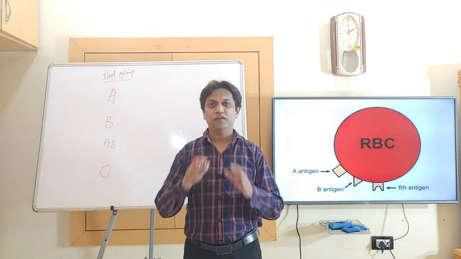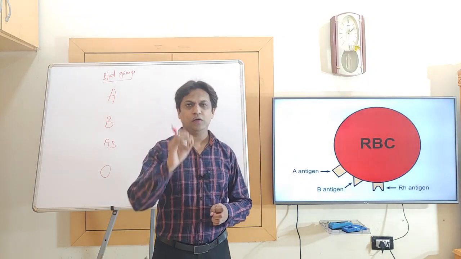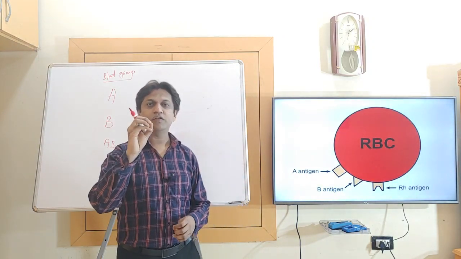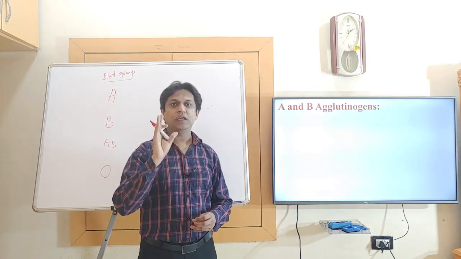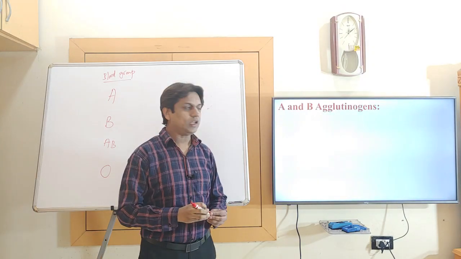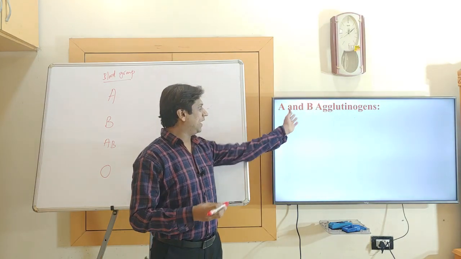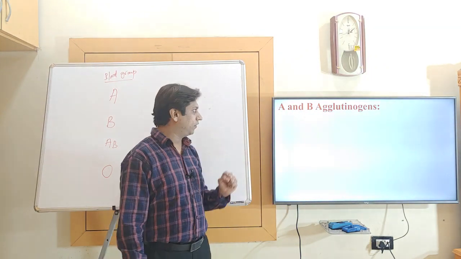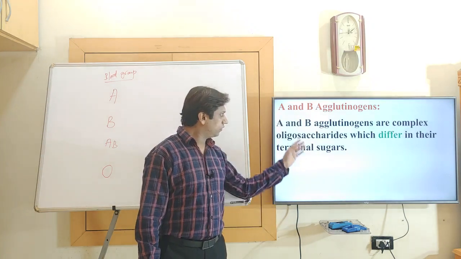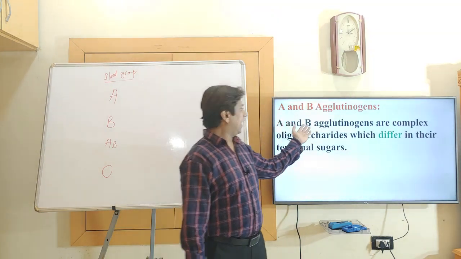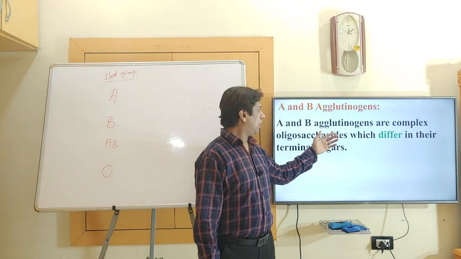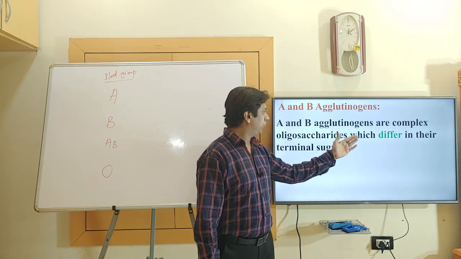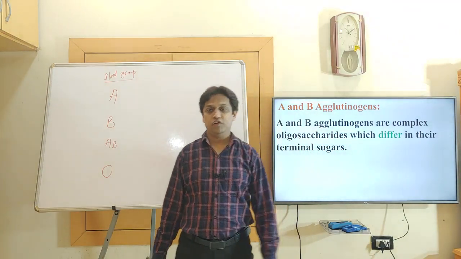To understand this concept, first we will learn some basics about antigens A and B and their corresponding antibodies. Let us discuss the A and B agglutinogens or antigens which are present on the surface of an RBC. Chemically, these A and B agglutinogens are complex oligosaccharides which differ in their terminal sugar.